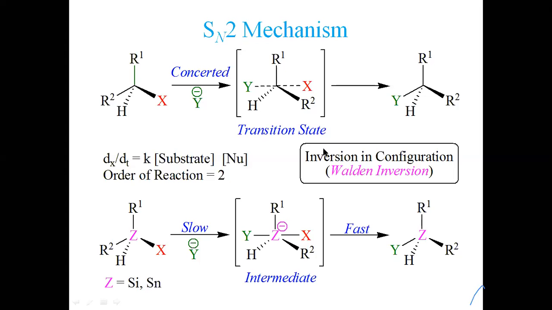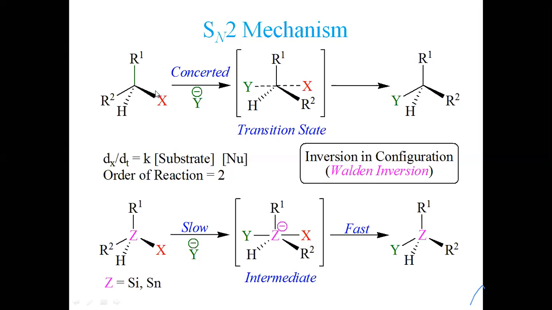So that's why this is called Walden inversion. But this is in fact an inversion in configuration. How does a change in configuration take place? S converts into R, R converts into S. This is what we normally observe in SN2 reactions.